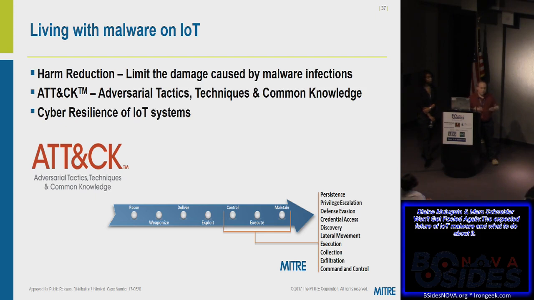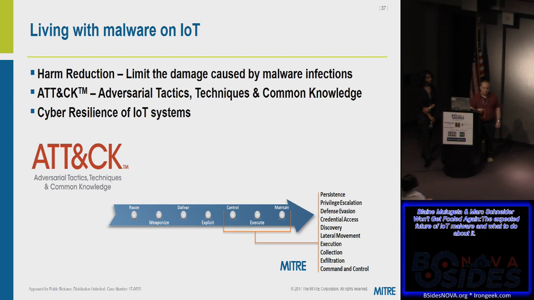If you go to attack.mitre.org, you'll find a catalog. It's actually a wiki, and you can submit samples to it, where it talks about the actual techniques that are used. So how does malware on Windows, and it's focused on Windows right now, maintain presence?